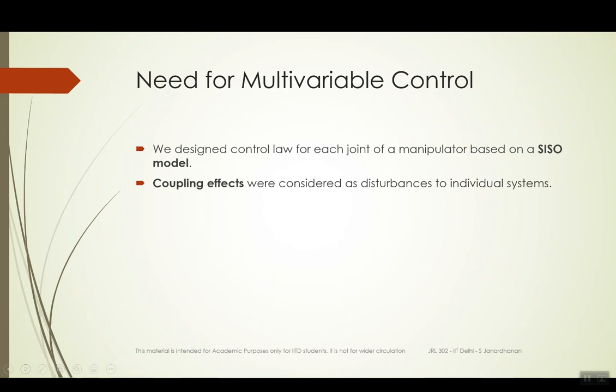However, in those cases, each joint was considered separately and a single input, single output sort of control was being designed. And another important thing was that the coupling effects were ignored or basically considered as disturbances to the individual systems.